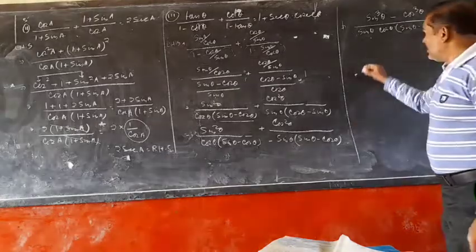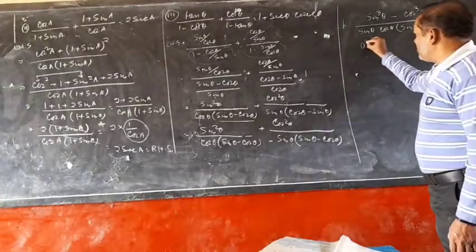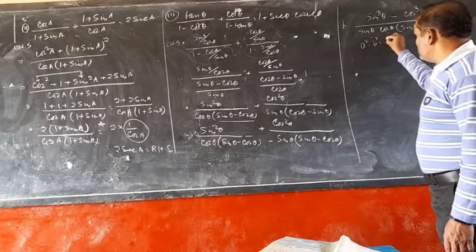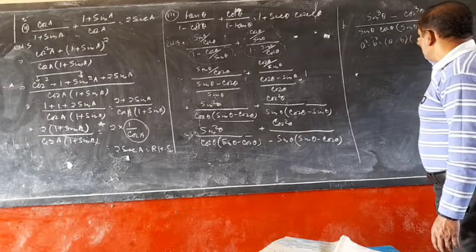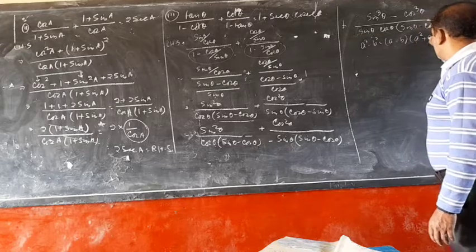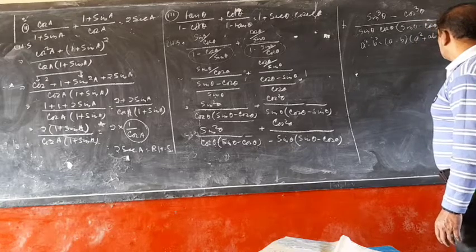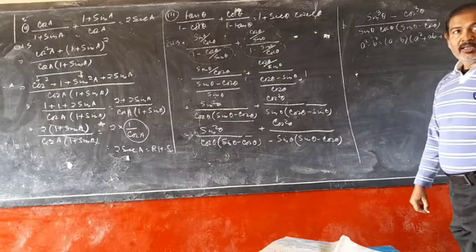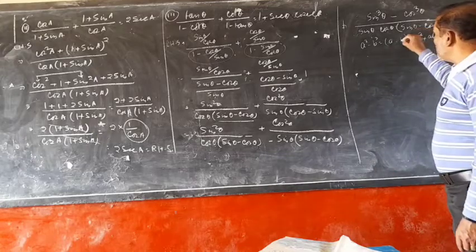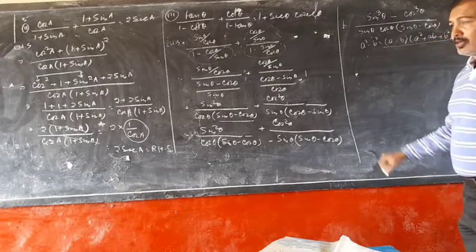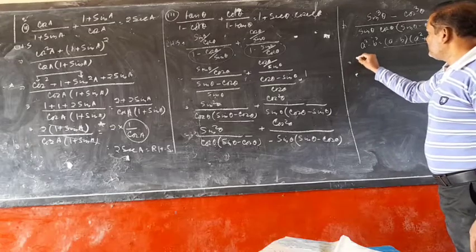Children, now look here. In class 9 you have studied one formula: A cubed minus B cubed is equal to A minus B into A square plus AB plus B square. You studied this? So we split the numerator in this format. So what will become?